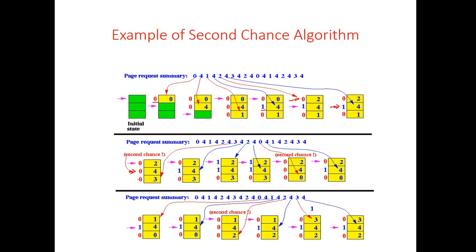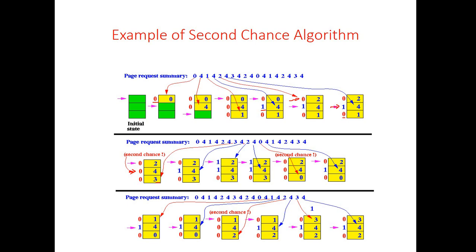Next, when we search the next entry in the physical memory, page 1 is the next available entry. The corresponding bit for page number 1 is anyway 0. So this page is the target page for the replacement. So 3 is brought into this location.